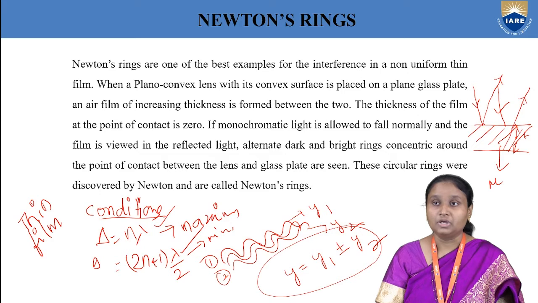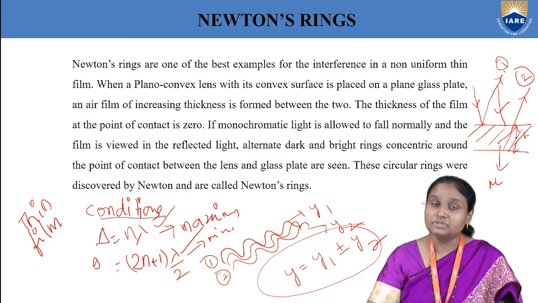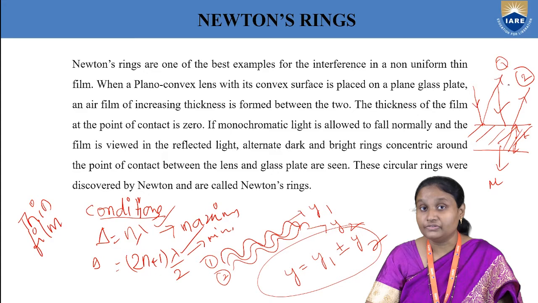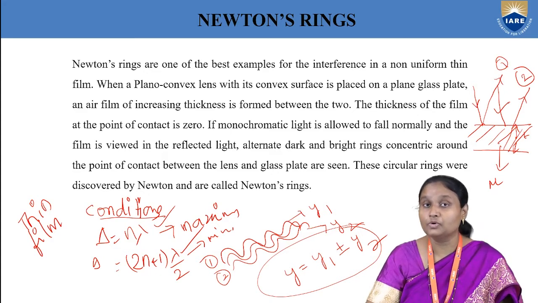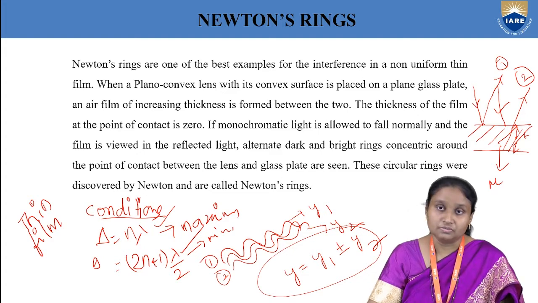Now we have two light rays, one reflected from the top surface and another from the bottom surface. Due to interference, the superposition of the light reflected from the top and bottom surfaces of the thin film gives one pattern, which we are going to study in Newton's rings.